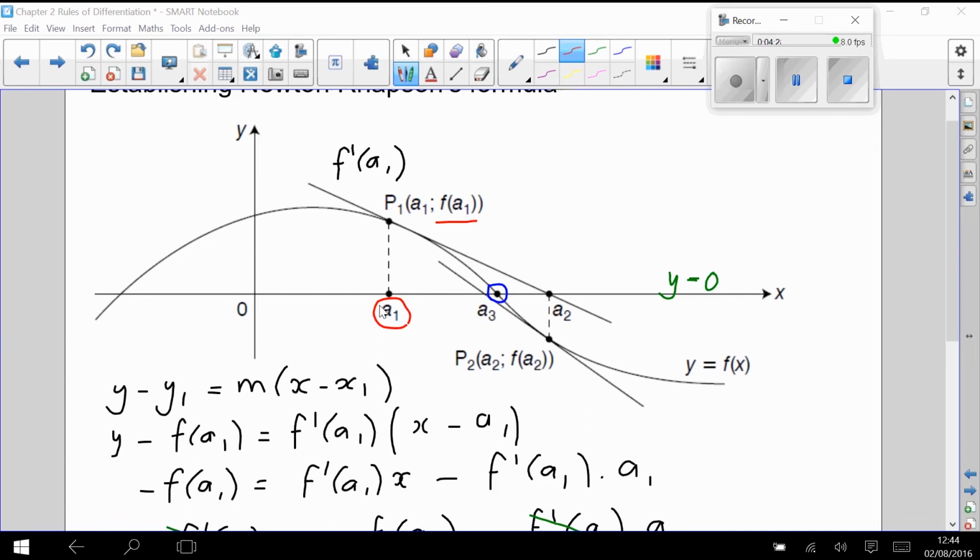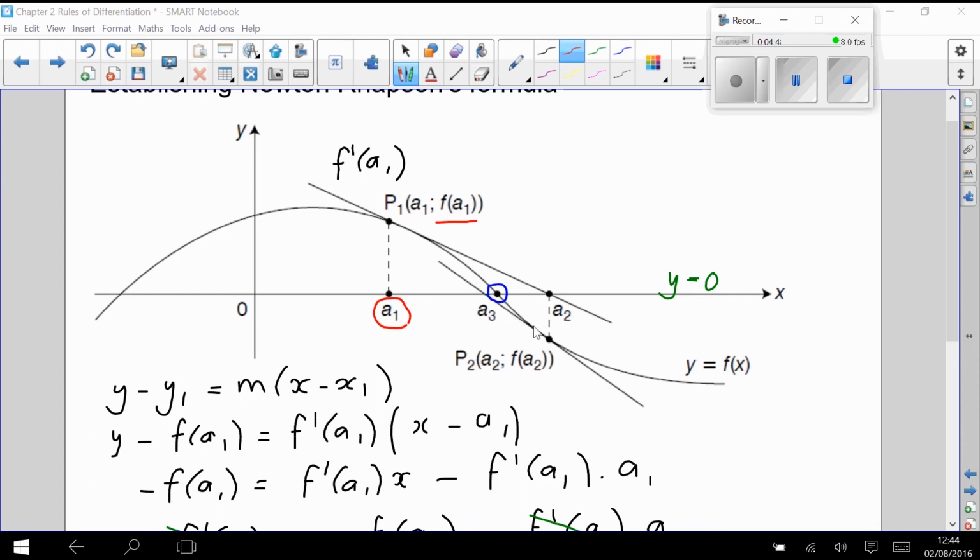So using my first estimate, I used the first equation of my tangent to my curve. Then I got my second estimate, and from that second estimate, I found the y coordinate that matched with it, as well as the derivative at a2.